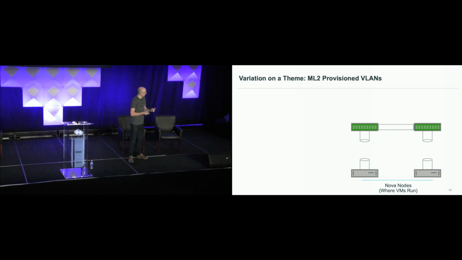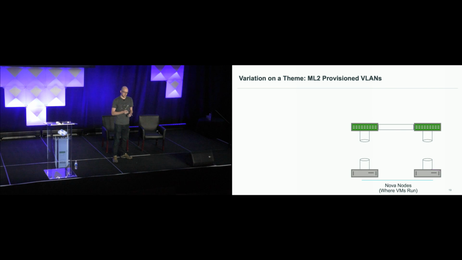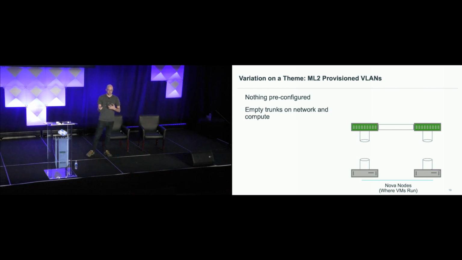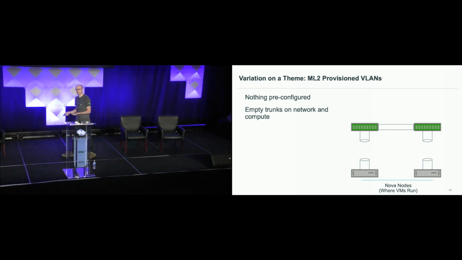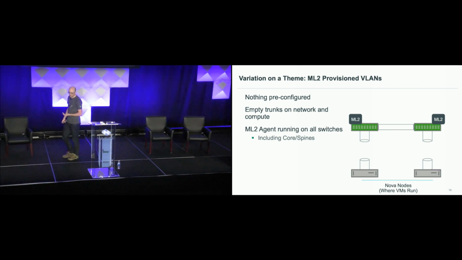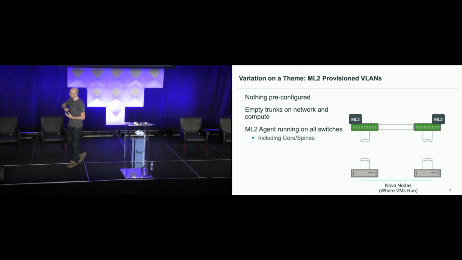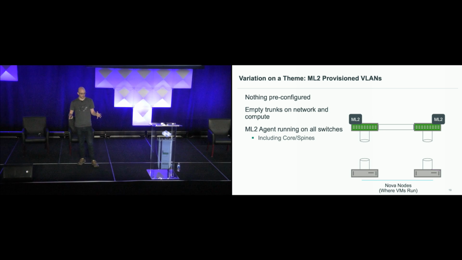So a variation on this theme is using ML2. So instead, I don't pre-configure anything. I reduce my blast radius this way. I have trunks configured, not passing any VLANs at all. So I've built the roads, I'm just not allowing any traffic on them. I'll use the ML2 agent on every device in the network.